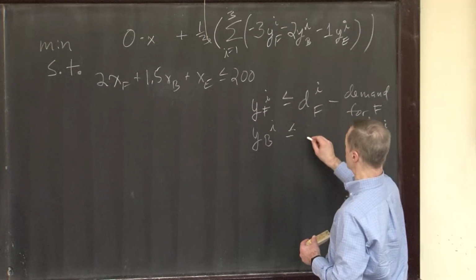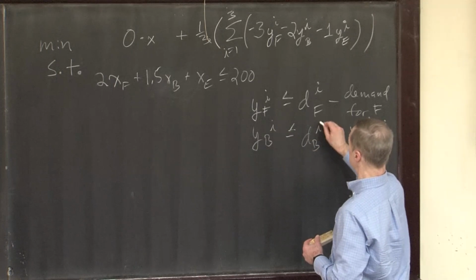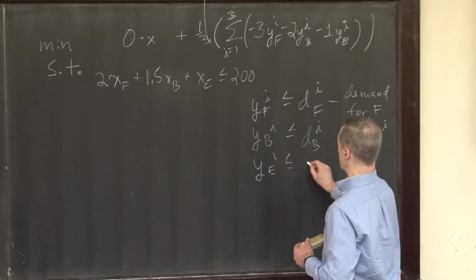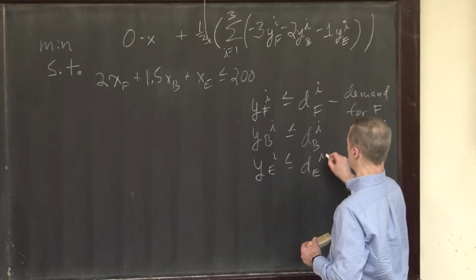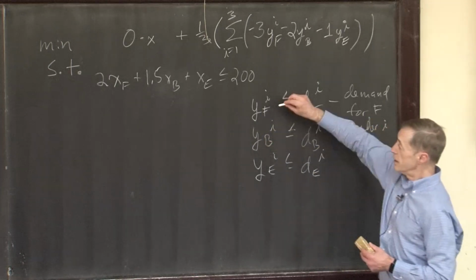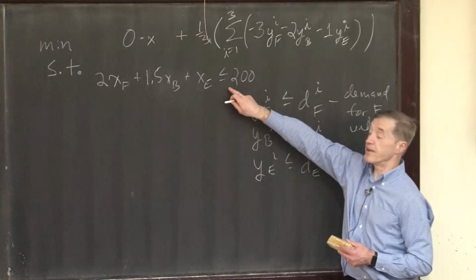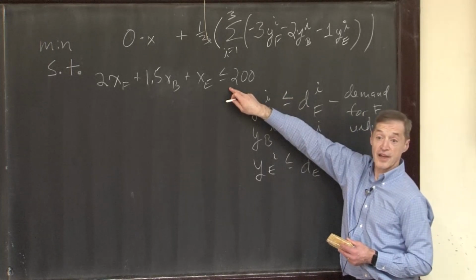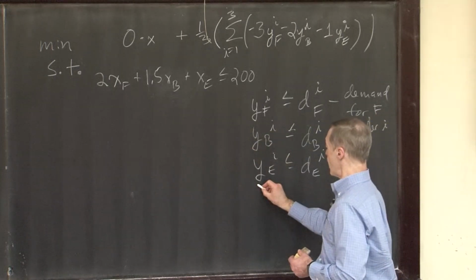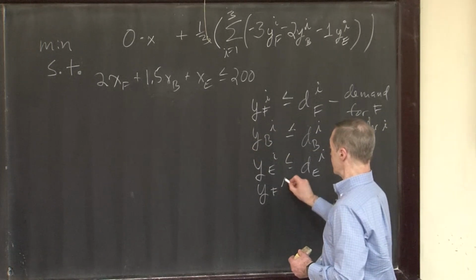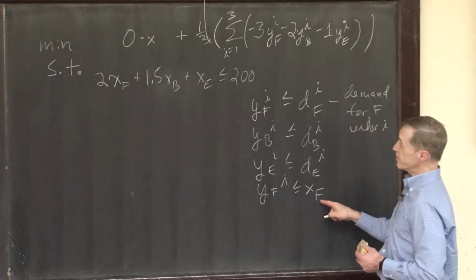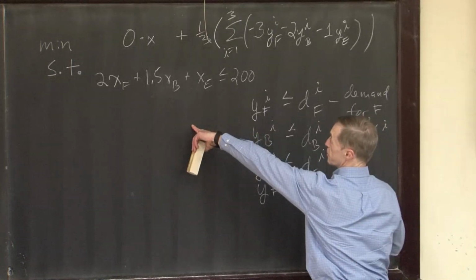The business class is no more than the demand under scenario i, and the economy class is no more than the demand under scenario i. But they're also constrained by the number of seats in the plane. You can't sell any more than the number of seats. So I also have a constraint that says each of these is less than or equal to the x that I determine in the first stage.